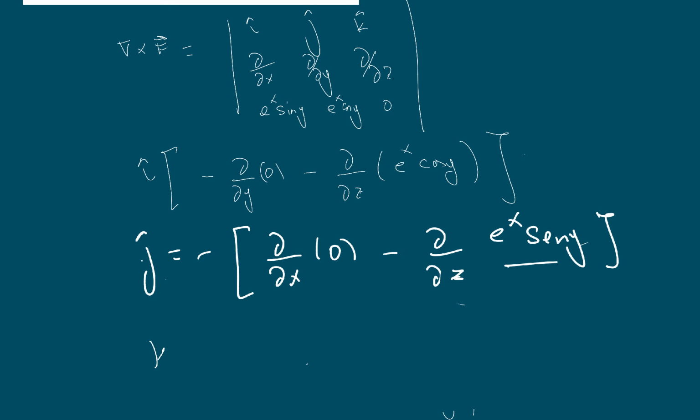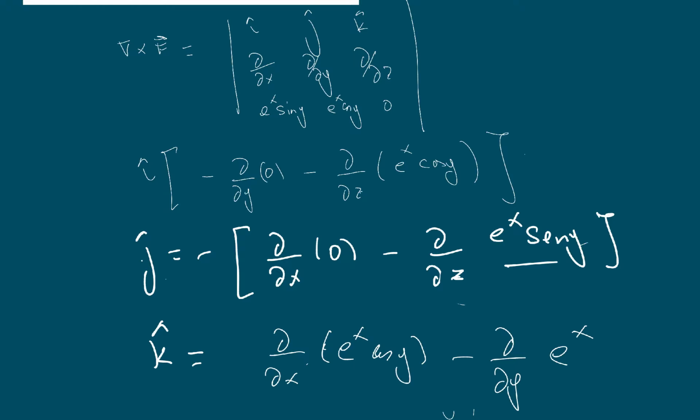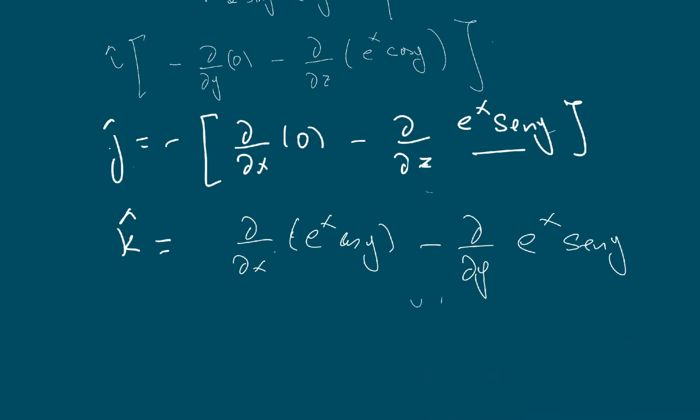So let's go to see the last component, k. The k component would be the derivative with respect to x of e to the x cosine of y minus the derivative with respect to y of e to the x sine of y. If this term is 0, the curl will be 0.